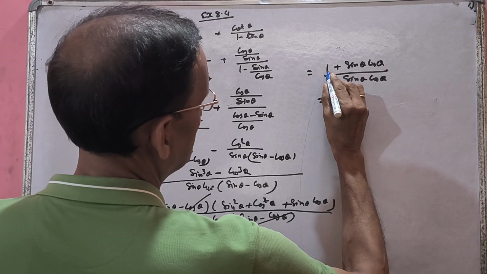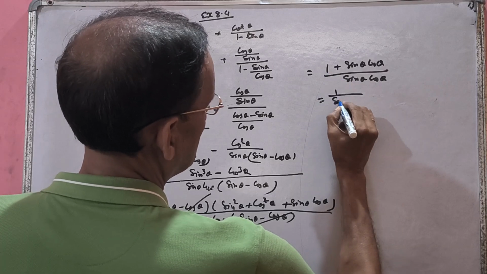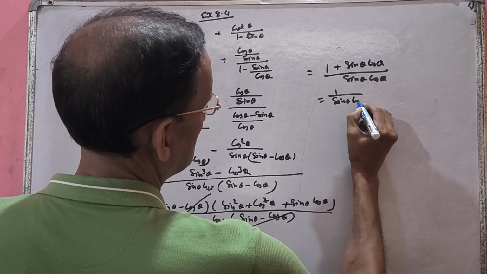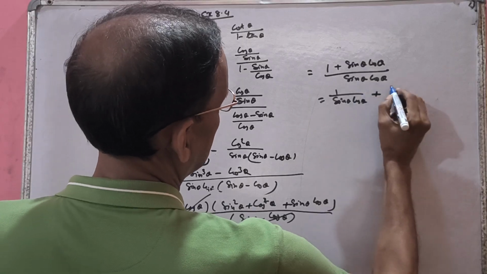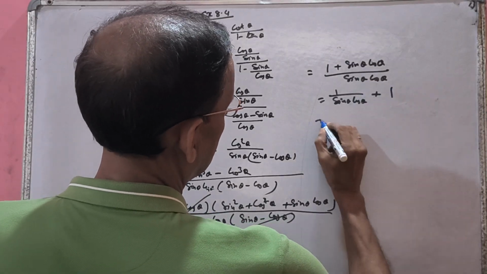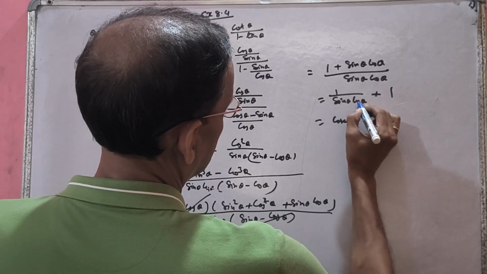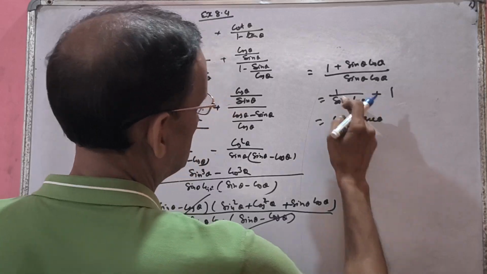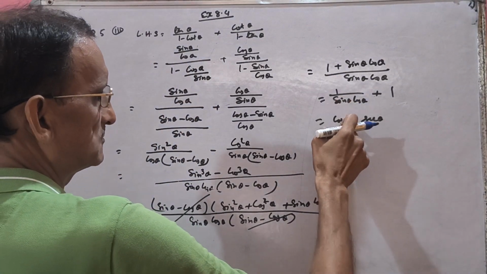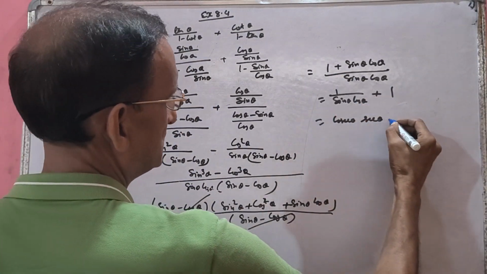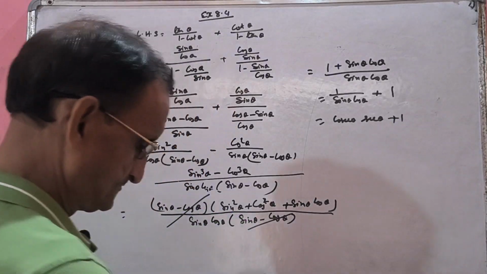It can be separated: 1 by sine theta into cos theta, plus this by this to 1. And what is 1 by sine theta? Cosec theta. What is 1 by cos theta? Sec theta. Reciprocal, no? 1 by sin means cosec, 1 by cos means sec, plus 1.